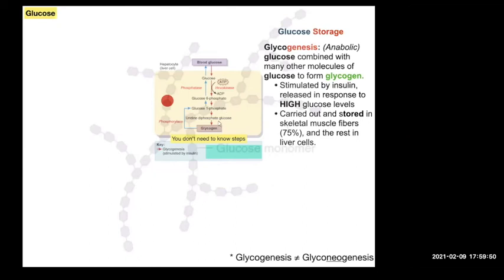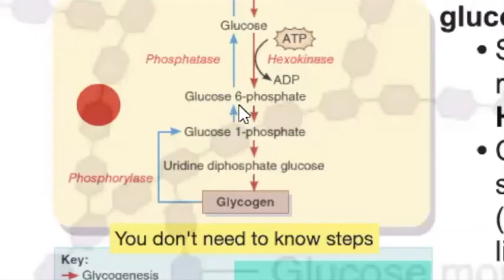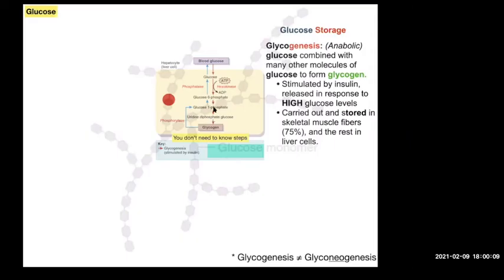So this is glycogenesis, anabolic, making blood glucose into glycogen. You don't have to know any of this stuff I'm showing you right here. I will mention this molecule, glucose-6-phosphatase. But the whole point is blood glucose is used for ATP breakdown, but if you've got enough of it, you need to store it.